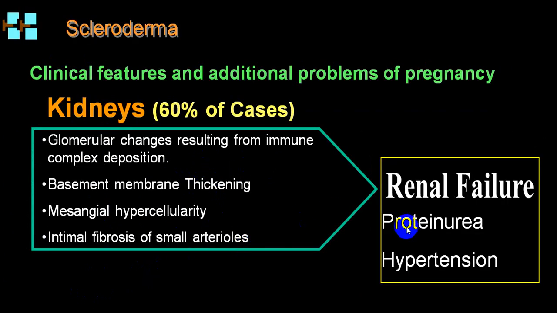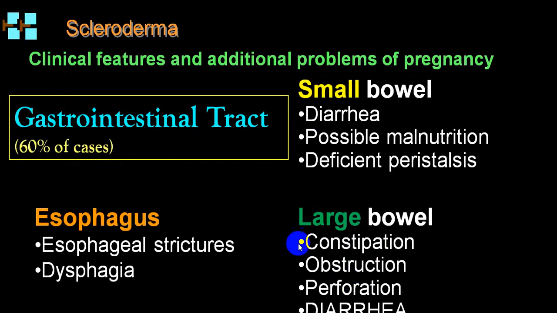In kidney, proteinuria and renal hypertension. GI tract: esophagus, esophageal sphincter, strictures, dysphagia. Small bowel: diarrhea, malnutrition, decreased peristalsis. Large bowel: constipation, obstruction, perforation, and diarrhea.